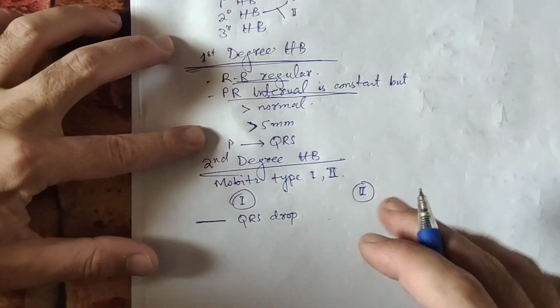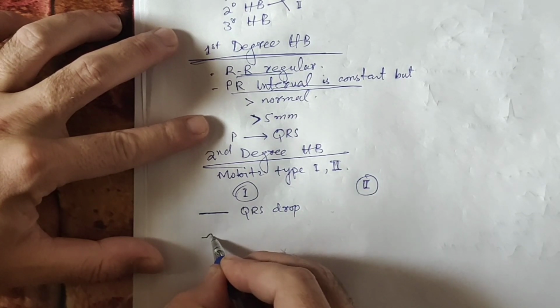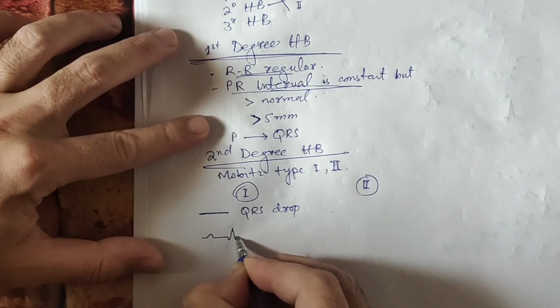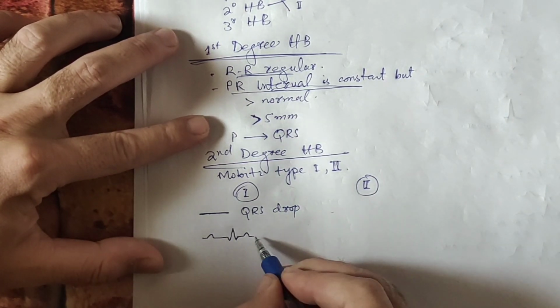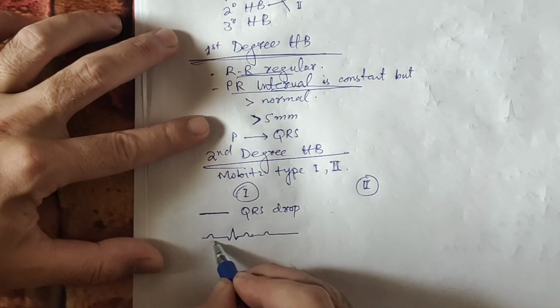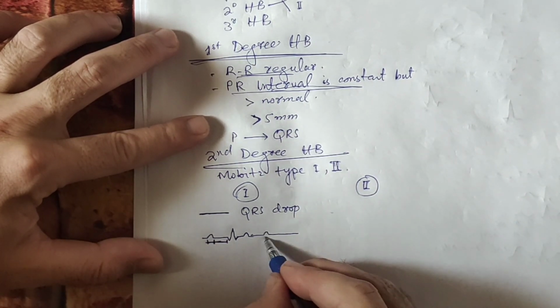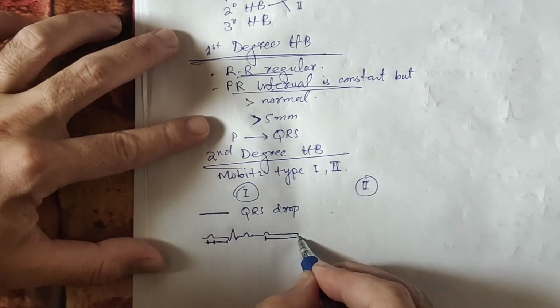What does progressive lengthening of the PR interval mean? This is the QRS T wave, this is the P wave. Just check its length. Here the PR is lengthened compared to the first one.